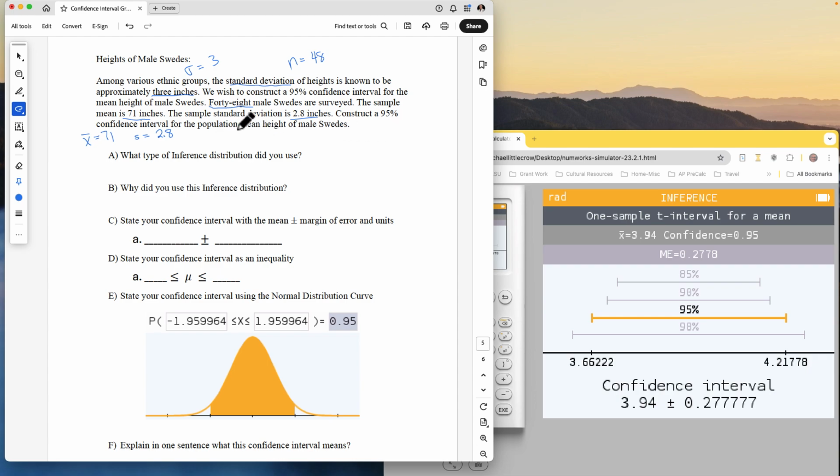Constructing a 95% confidence interval for the population mean height of male Swedes. So that's the population. We're talking about just male Swedes among various ethnic groups. Could we use this 3?